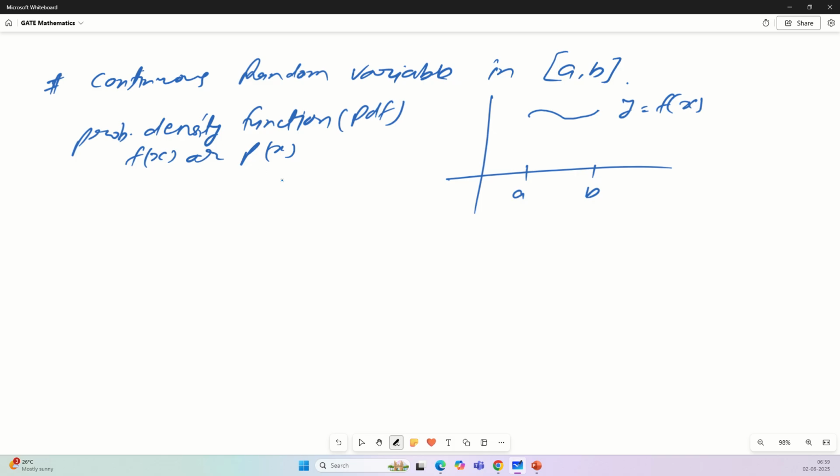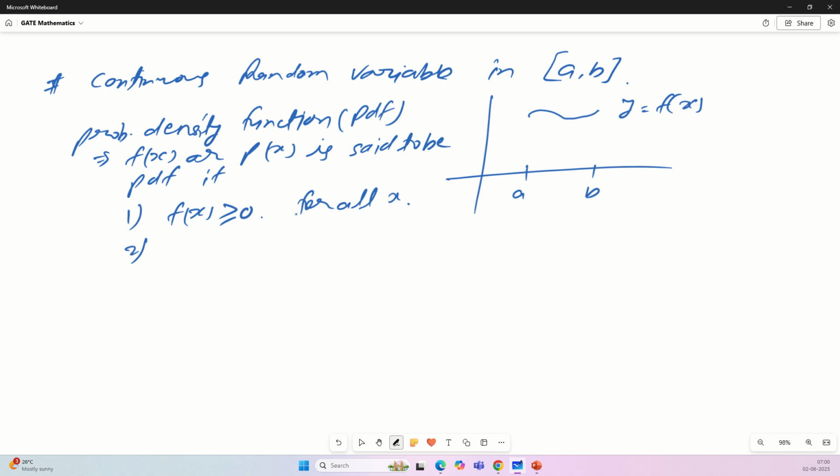It is said to be PDF if, what are the conditions? My f of x must be greater than or equal to 0 for all x, just like probability mass function. And number 2, you must understand the summation was 1 in probability mass function. Same way here, integral a to b f of x dx must be equal to 1.